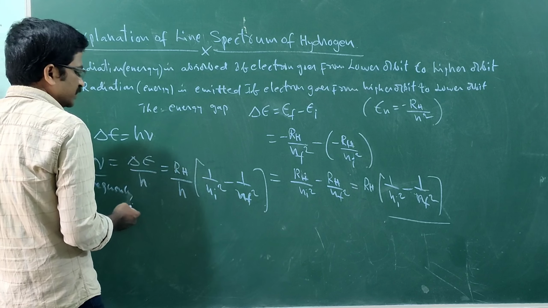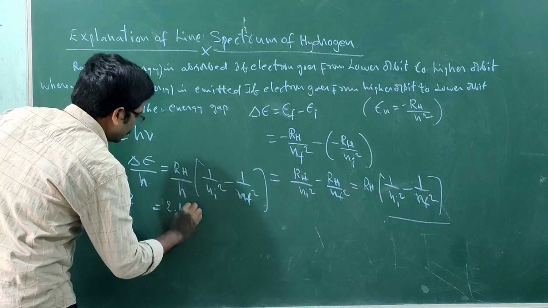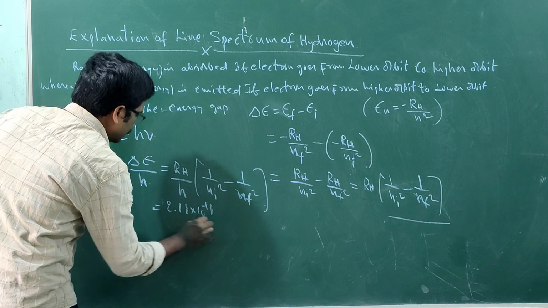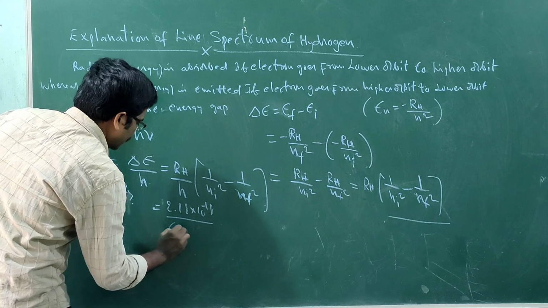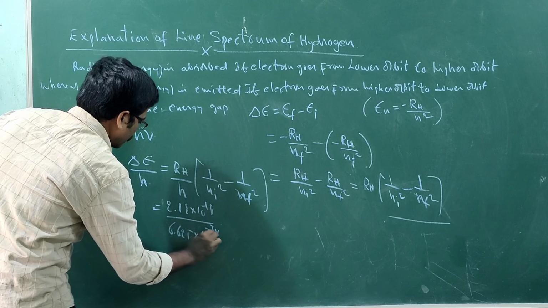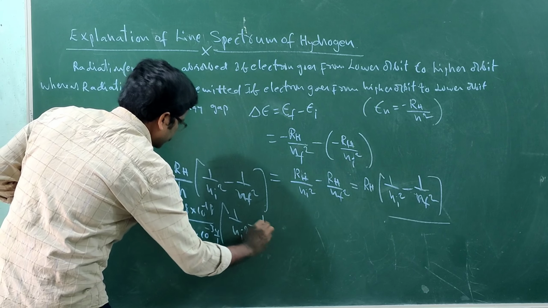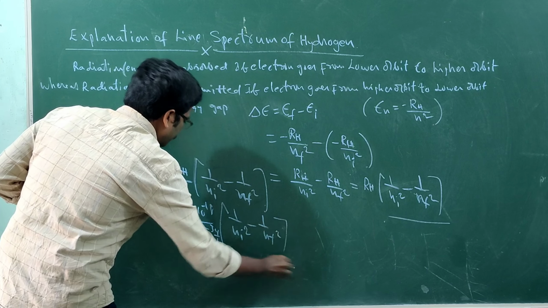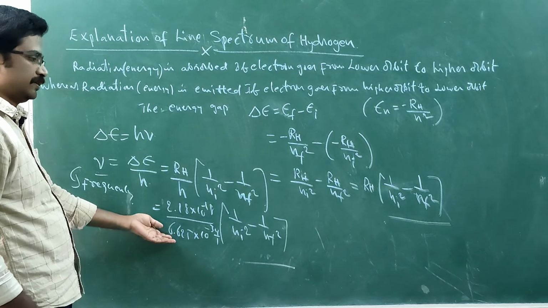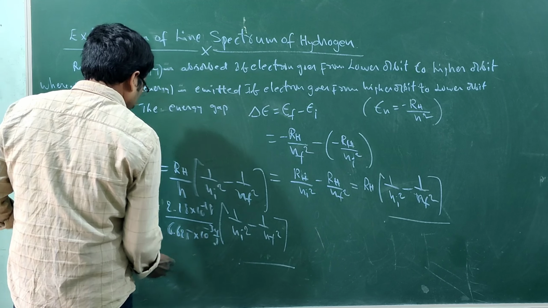Then the values you may substitute here. RH value we know, 2.18 into 10⁻18 joules, and h value, 6.625 into 10⁻34 joule seconds. Then you may calculate that.